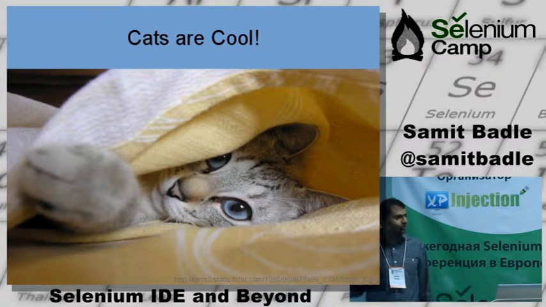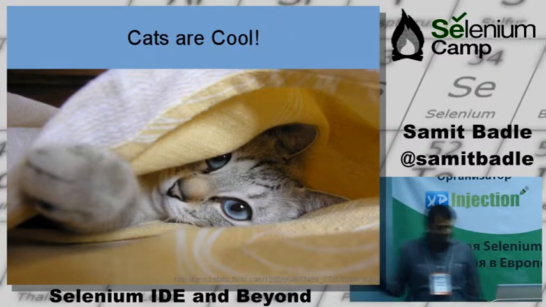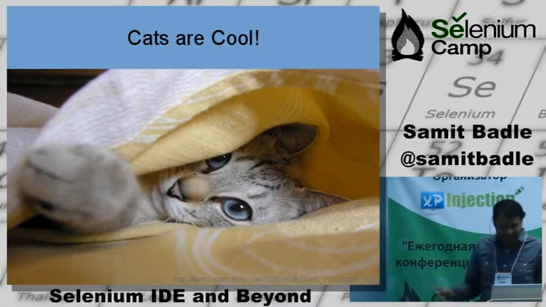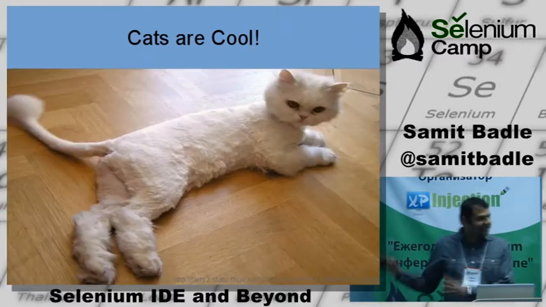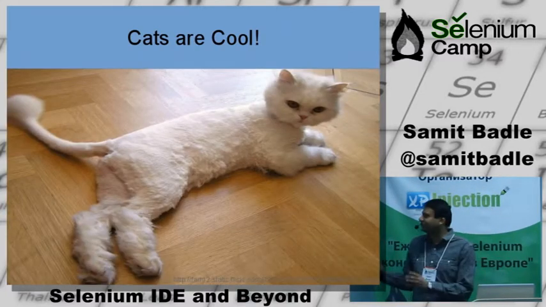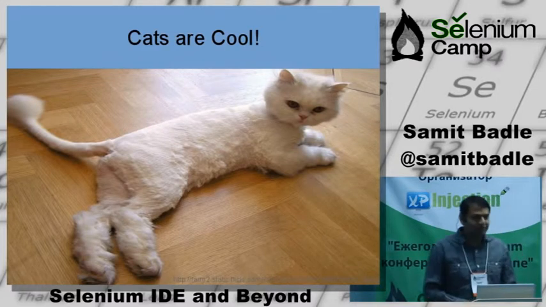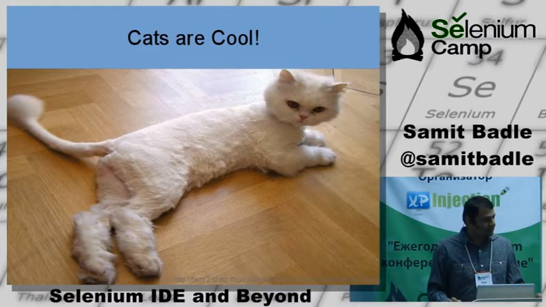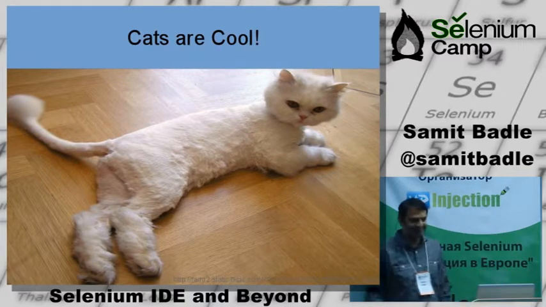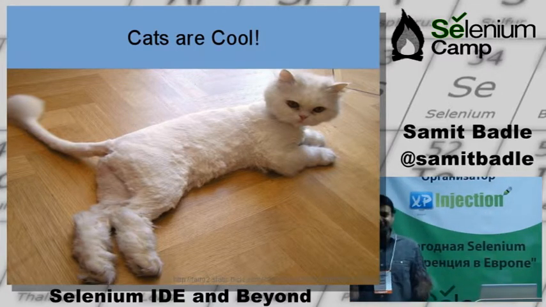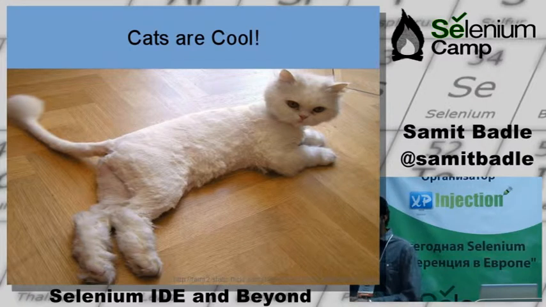Cats are cool. That's a kitten, but yeah. So cats are cool. If you are wondering why I am showing you pictures of animals, I must confess something. Because I don't have something to show you that's working, I thought I would show you pictures of cute animals and hope that you would really love it.